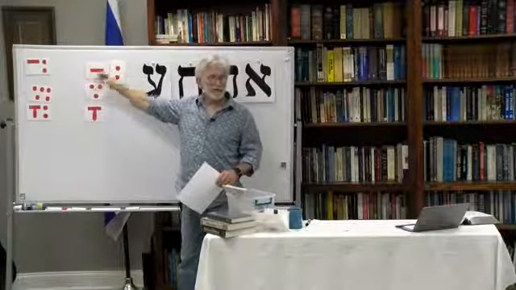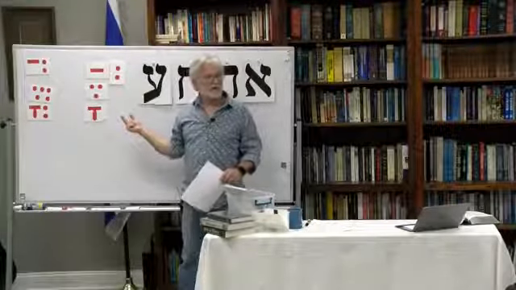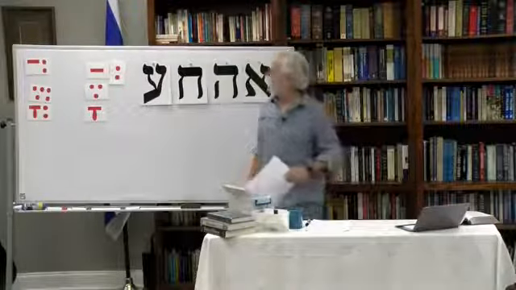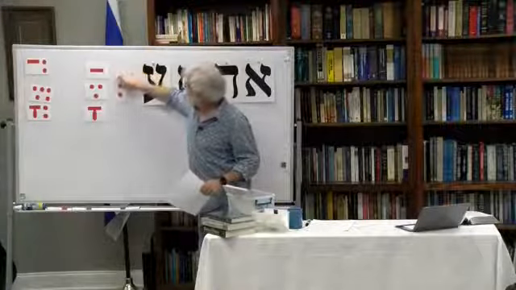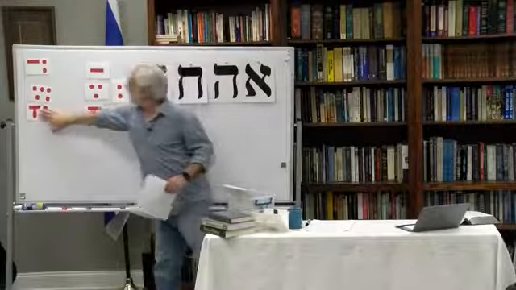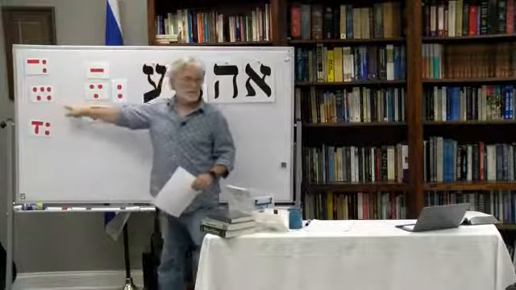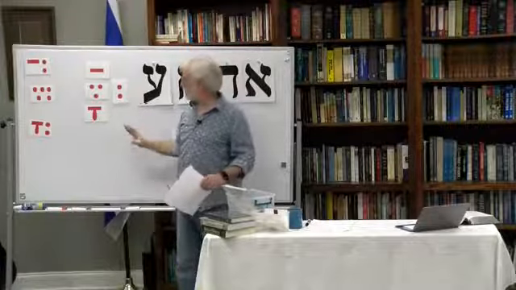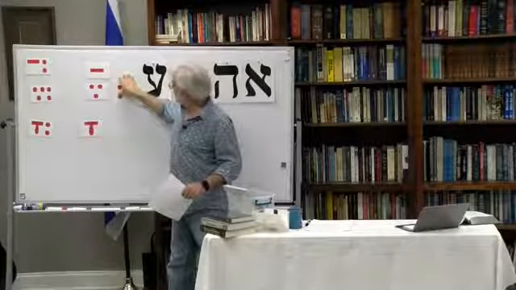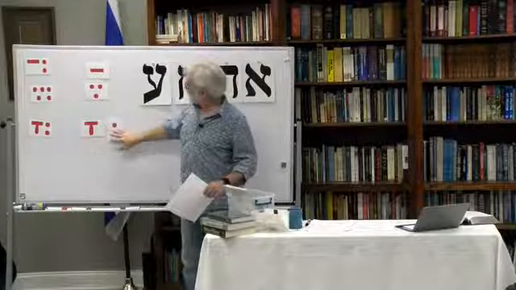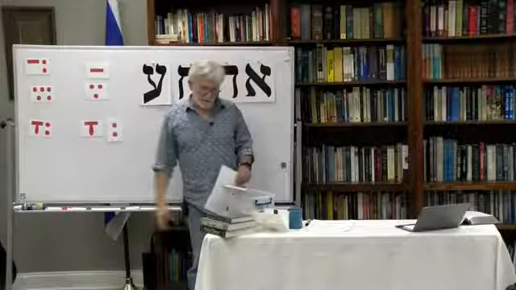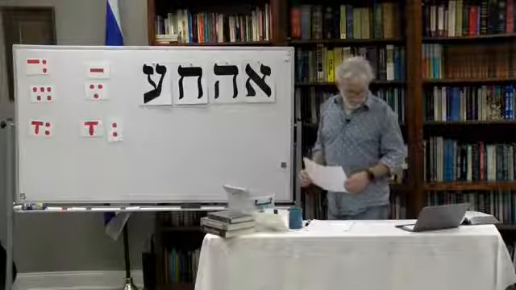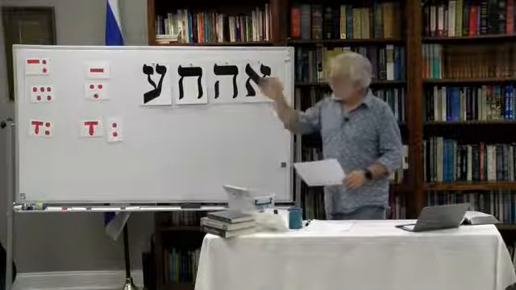Now, it's a hurried sound, but it's the sound that this short vowel makes. So if I put the Shiva with the segol, this is what I get. It makes basically the same sound, but it's hurried, if you will. And the same thing goes for the chametz chatuf. Now, each of these is producing a hurried sound.